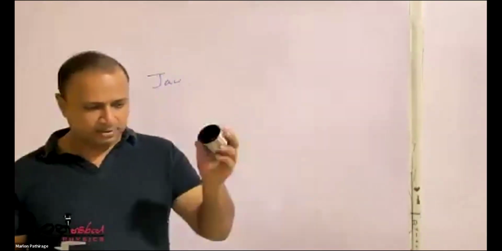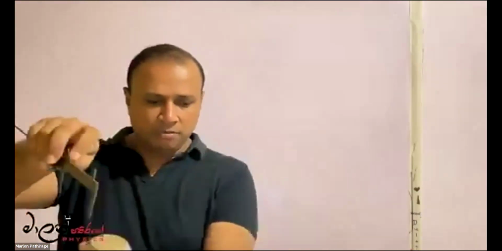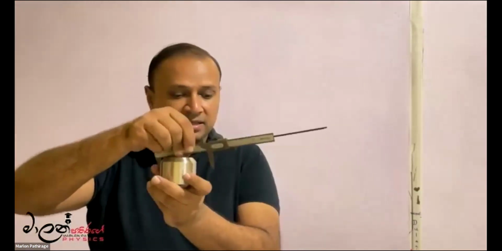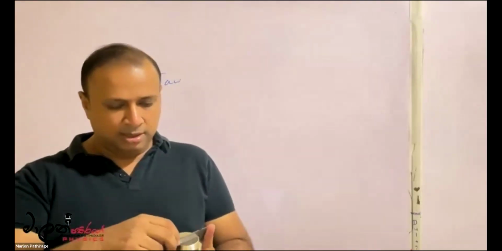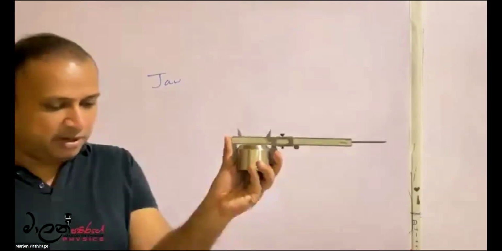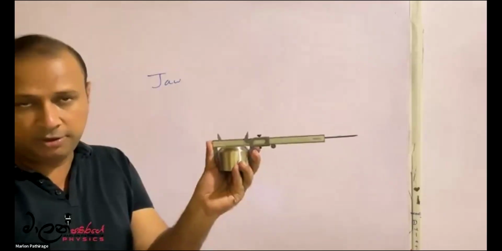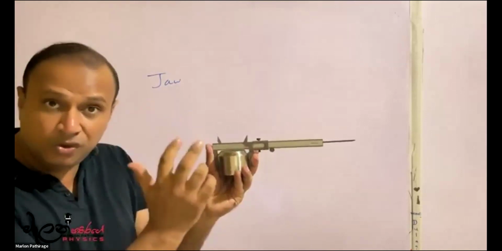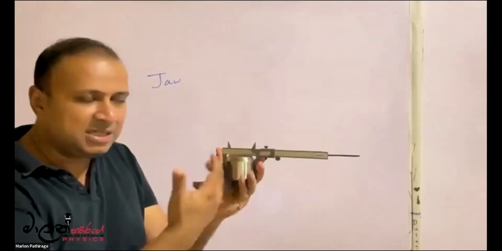Now, by using these external jaws, I can take external measurements of some object, like external diameter, external width.